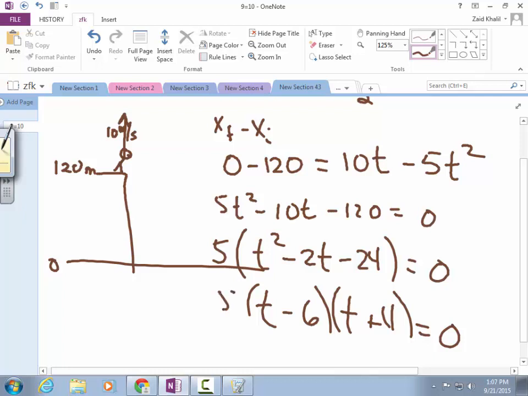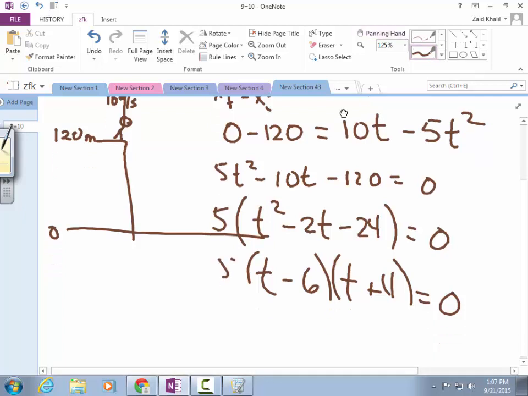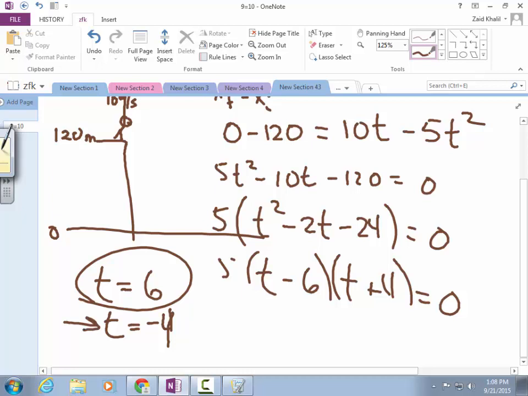What are your solutions? t equals 6, t equals negative 4, which is physically unreasonable. So this is your proper solution. We will return back to that negative 4 seconds, because in physics, nothing is totally useless.